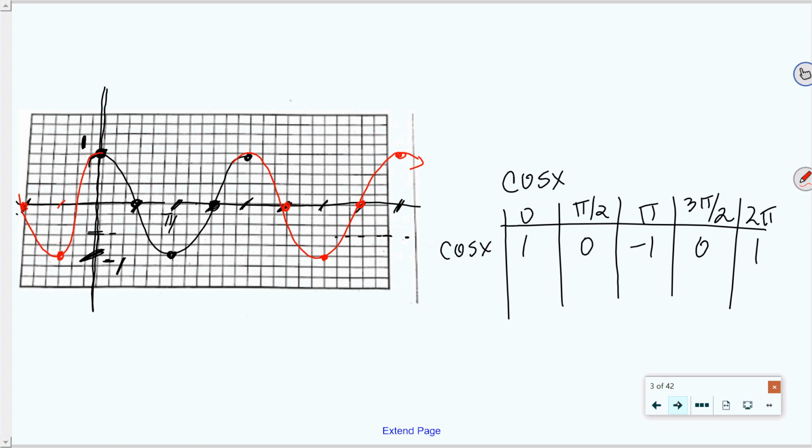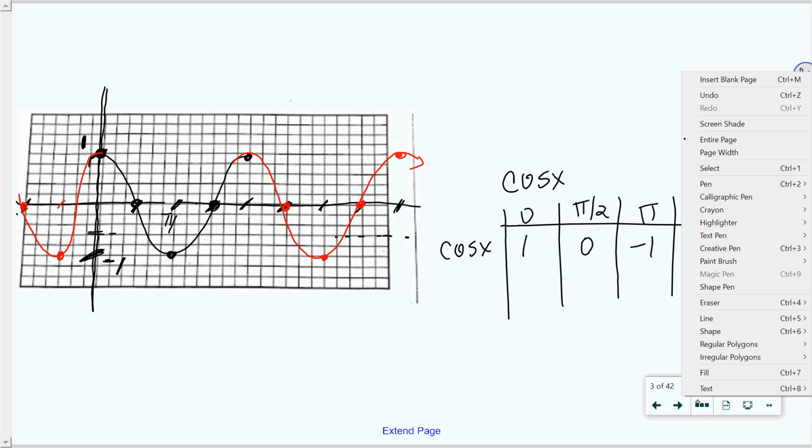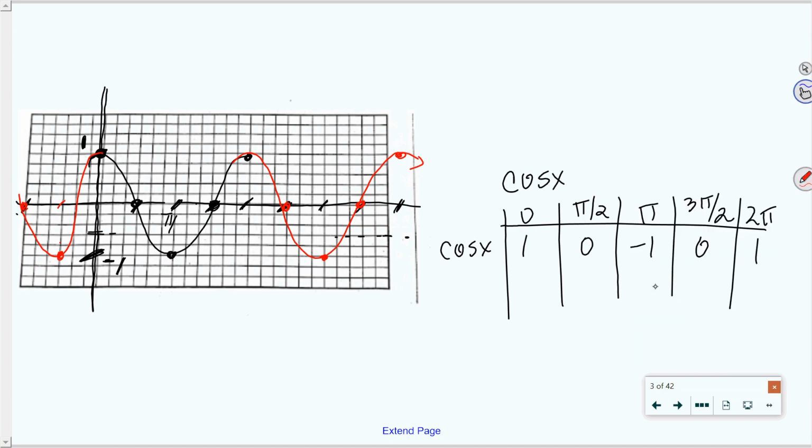Should I be able to take my 2 graphs and land them on top of each other? So if I draw on this one in blue, right?